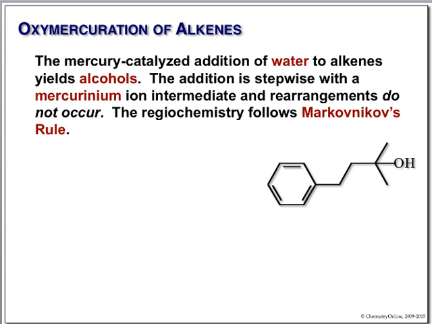Now, normally that would be good, except in this molecule, we have a benzylic carbon, don't we? The benzylic carbocation would be more stable than the tertiary. So if we simply took an alkene and tried to do hydration, we would rearrange and the hydroxyl group would be here.